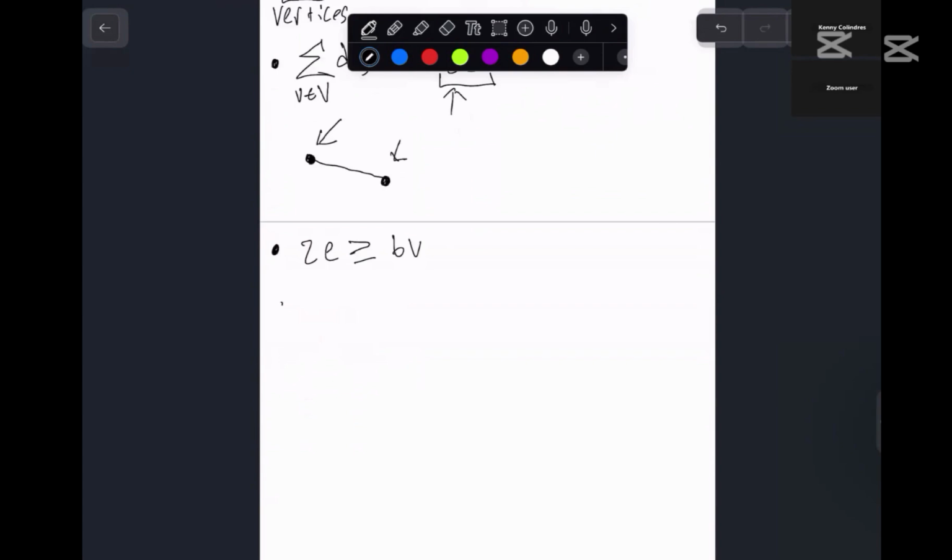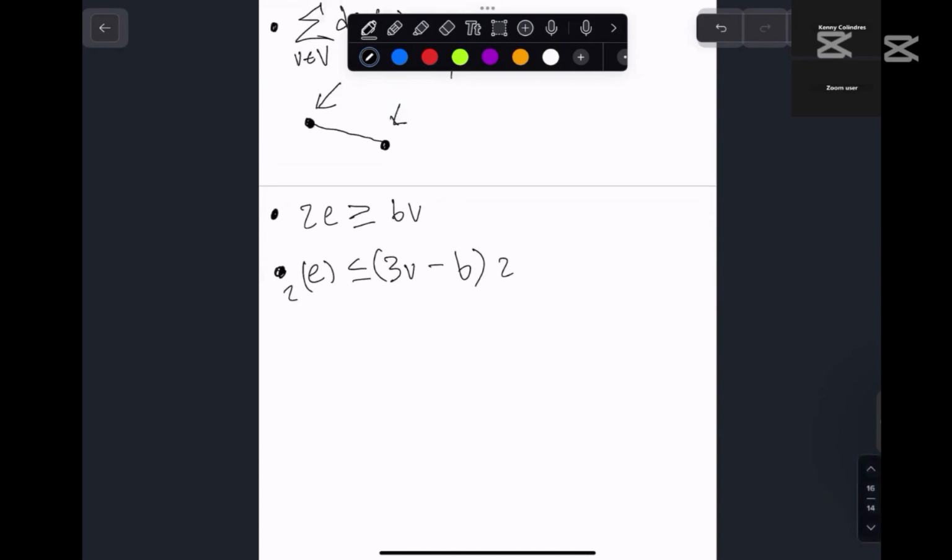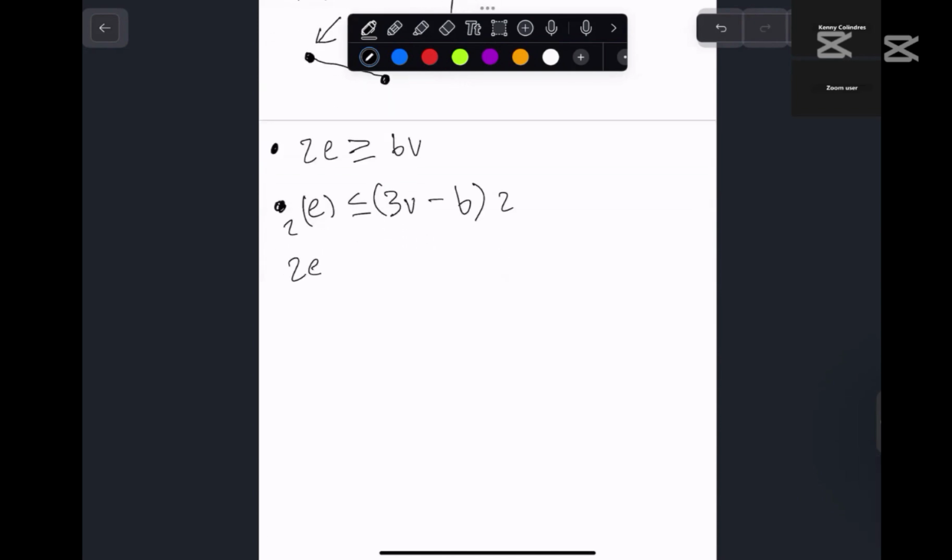However, the corollary states e is less than or equal to 3v minus 6. So using the corollary, you basically want to change it to the same format. So what you would do is multiply both sides by 2, and that gives you 2e less than or equal to 6v minus 12.